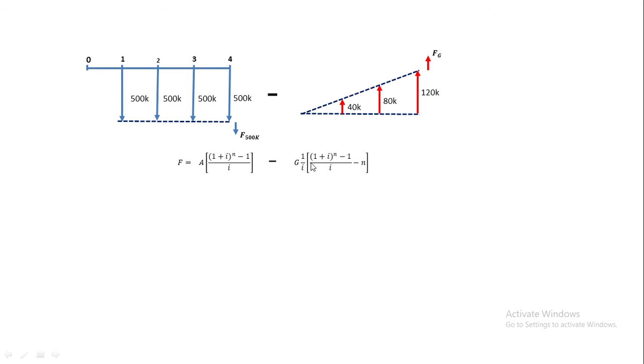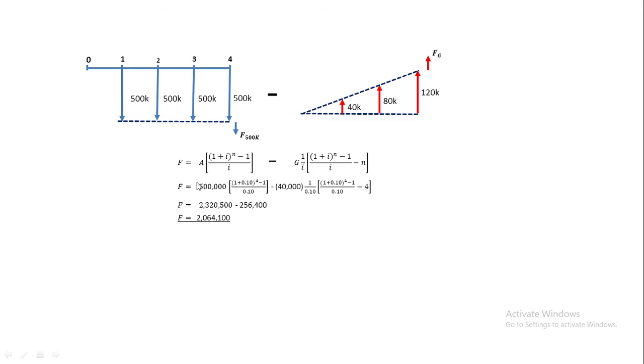If we want to convert the uniform gradient series into a future worth, this will be the formula: A bracket, parenthesis (1 plus i) raised to n minus 1 all over i, minus G times 1 over i, bracket, parenthesis (1 plus i) raised to n minus 1 over i, minus n.